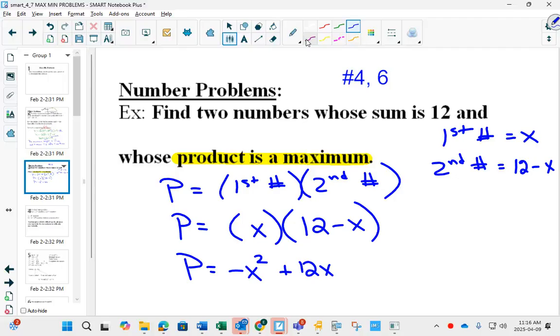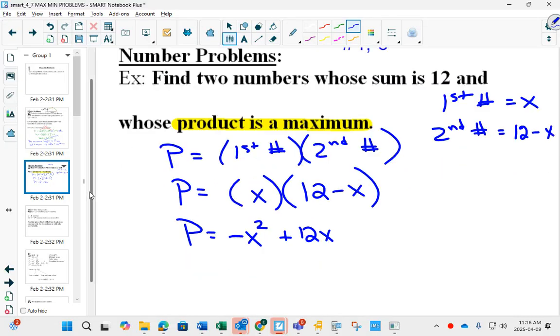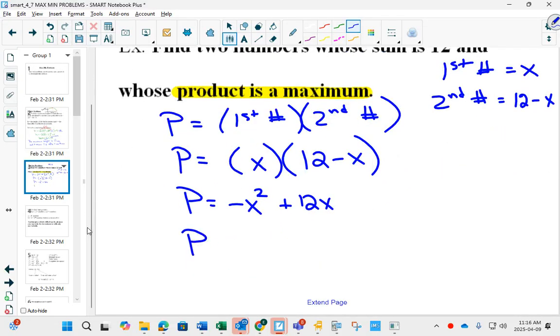We just need to find that vertex, and we can do that by completing the square. You're going to have to factor out the negative, which is like a negative 1. There's no number here. If you want to write a plus 0, because there's nothing there, you can. I factor the negative out, leaving me with x squared, minus 12x. I leave a space, and I leave a space.